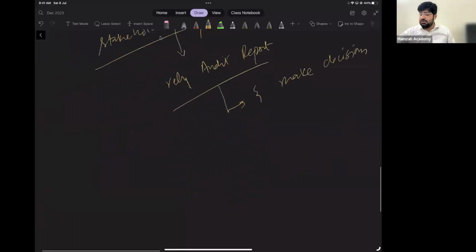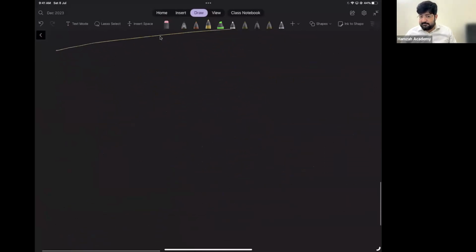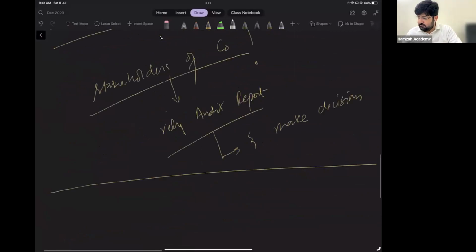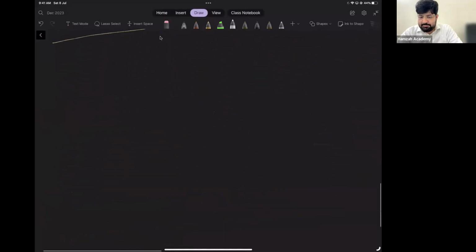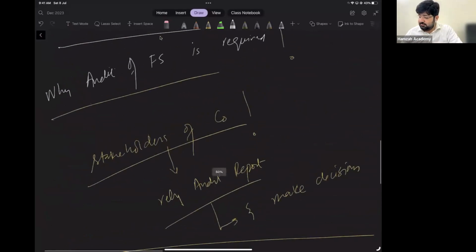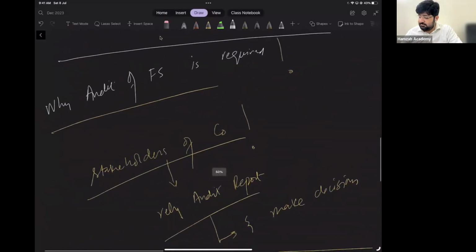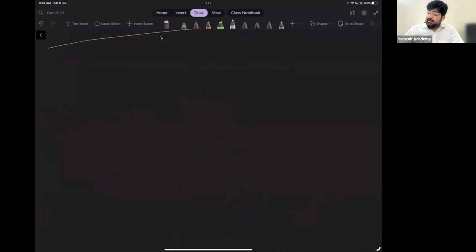Now, so students, next point. The next point is stewardship relationship.